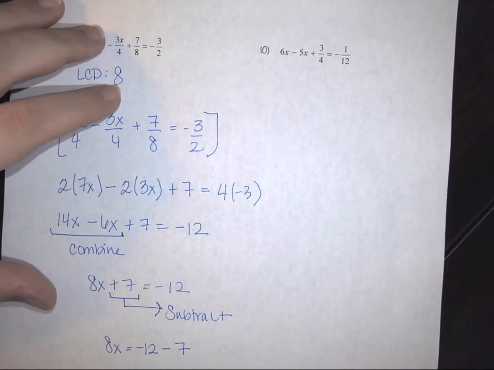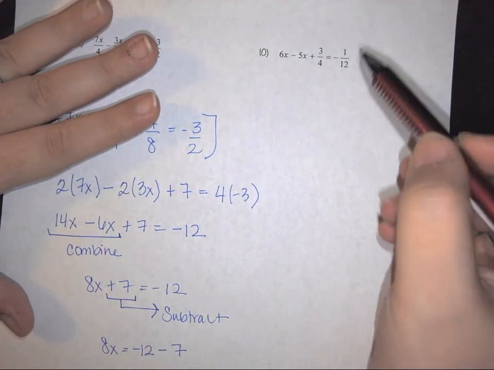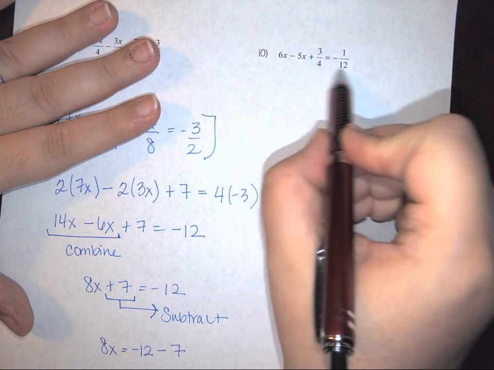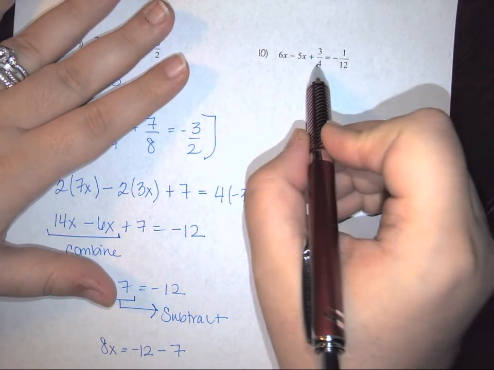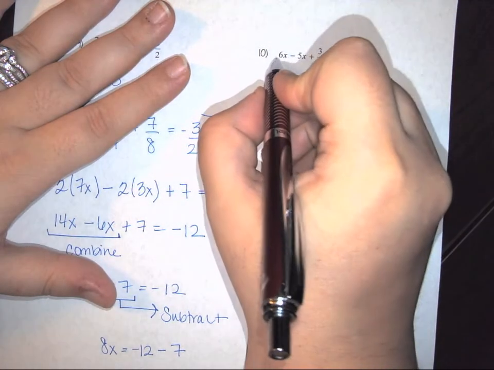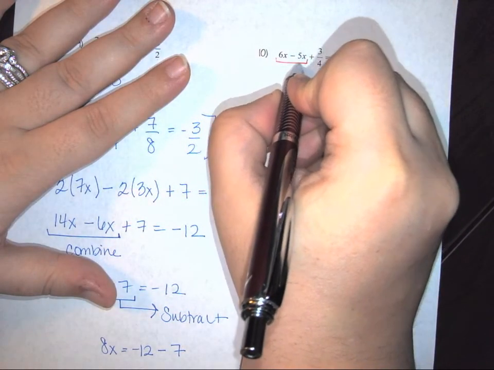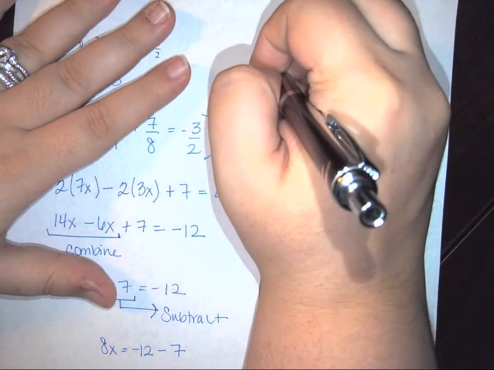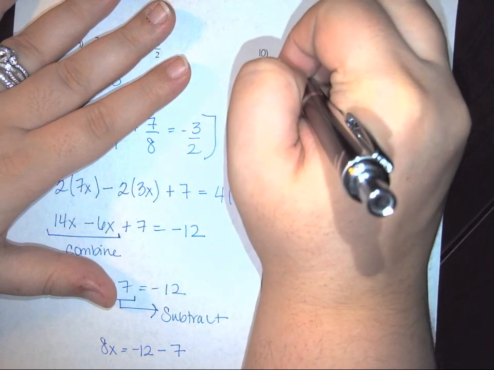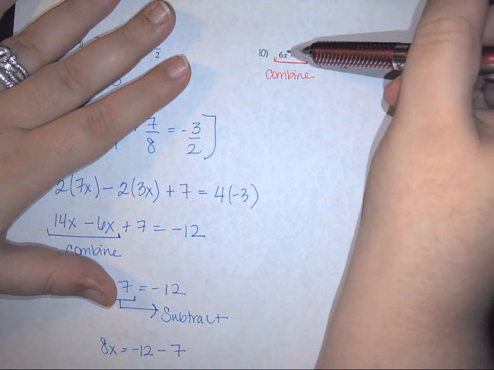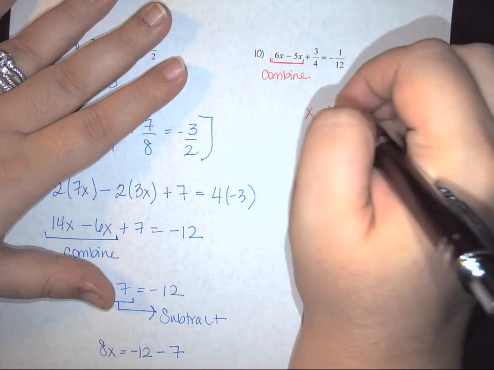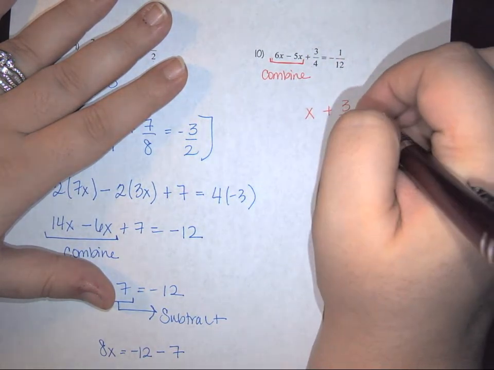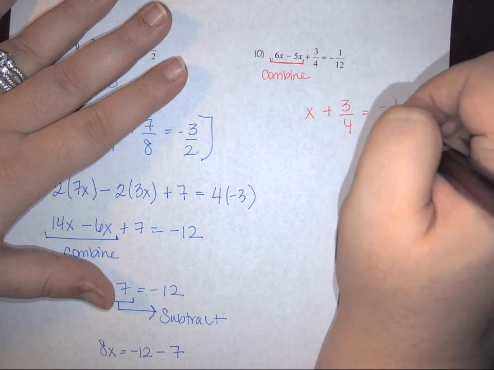Now the last one I wanted to show you is not quite as extensive, but again I still have these fractions here. Therefore, I'm going to have to find a common denominator. The first thing I want to do, however, is combine my terms. So here I have a 6x minus 5x. That's going to leave me with x plus 3/4 equals negative 1/12.